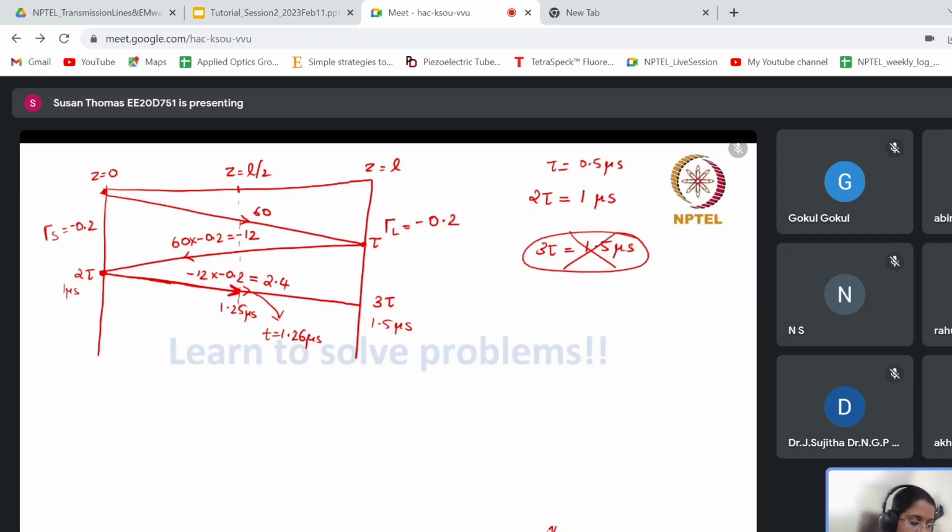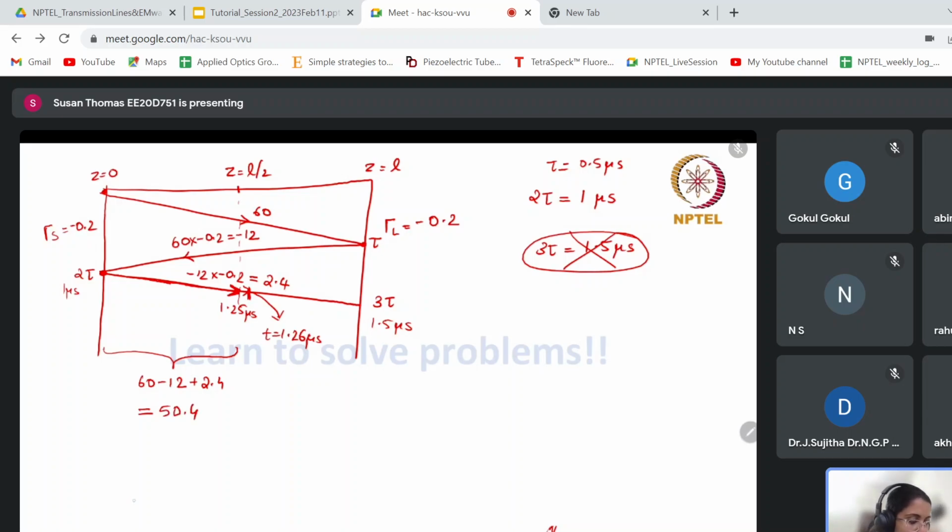Then the transmission happened till here, somewhere immediately after the middle of the transmission line. So from z equal to 0 to L by 2, what is the total value? 60 minus 12 plus 2.4, which is equal to 50.4.